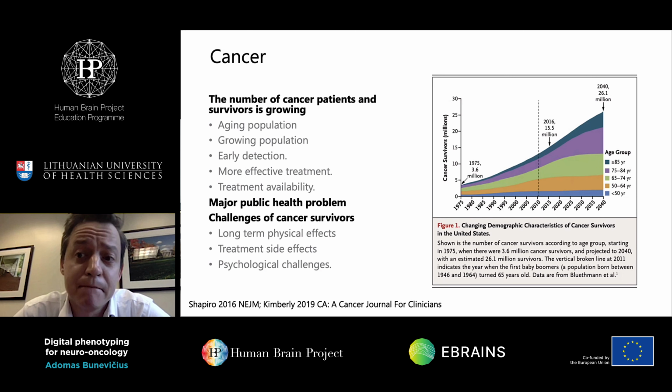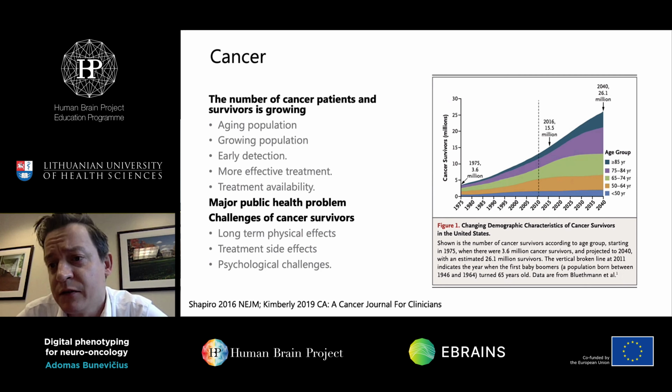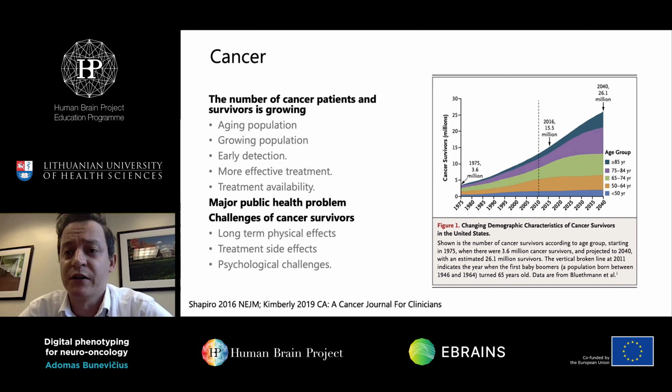And these patients who survive cancer suffer from major challenges, such as long-term physical effects from cancer itself and from treatment side effects. In neuro-oncology, for example, patients with brain tumors can present with neurological symptoms that significantly disturb their quality of life.